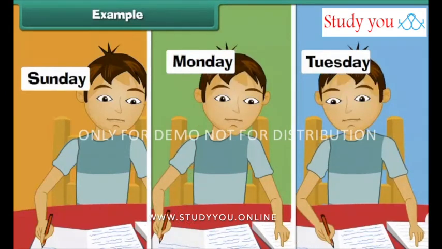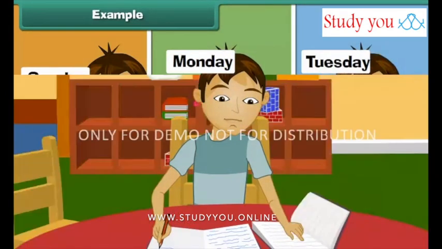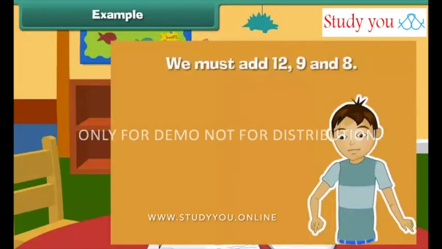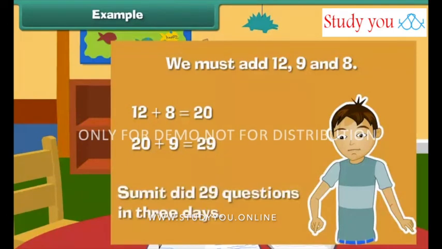To find the questions done by Sumit, we must add 12, 9 and 8. 12 plus 8 is equal to 20. 20 plus 9 is equal to 29. Sumit did 29 questions in 3 days.